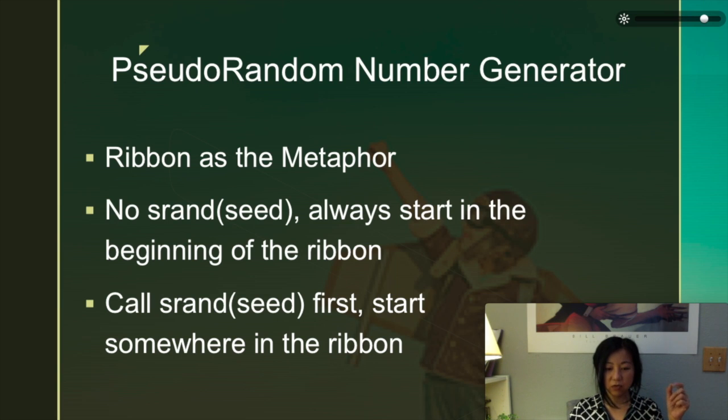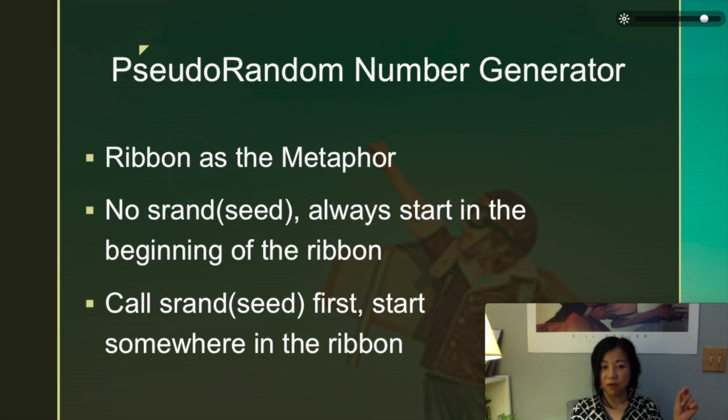So basically, you imagine that there's this ribbon that already has the numbers decided and put on it, even though the probability of the appearance of the numbers is random. So when you call the random number generator, if you forgot to call srand with a seed, what happens is it will always pick up the head of the ribbon and give you the first number, the second number, the third number.